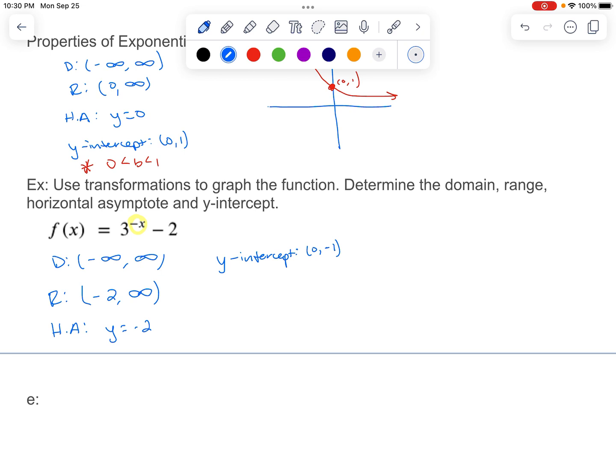That negative x there is just going to reflect it over the y-axis. So we have a reflection over y, and then we also have that graph shifting down too.